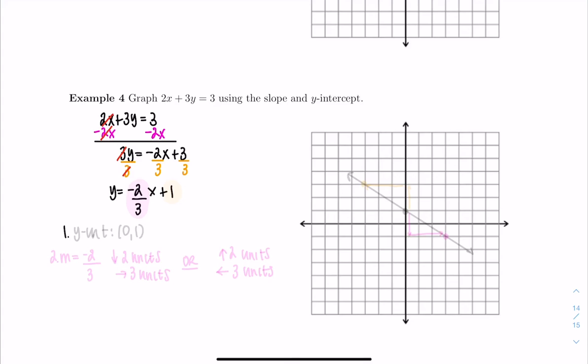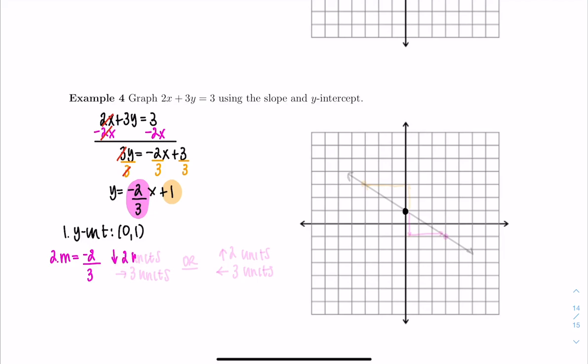And so our y-intercept is the piece that's not attached to the x. So it's (0, 1) in this case. We go ahead and plot that. And then our slope is what's attached to the x, which in this case is negative 2/3. And so we have 2 directions.